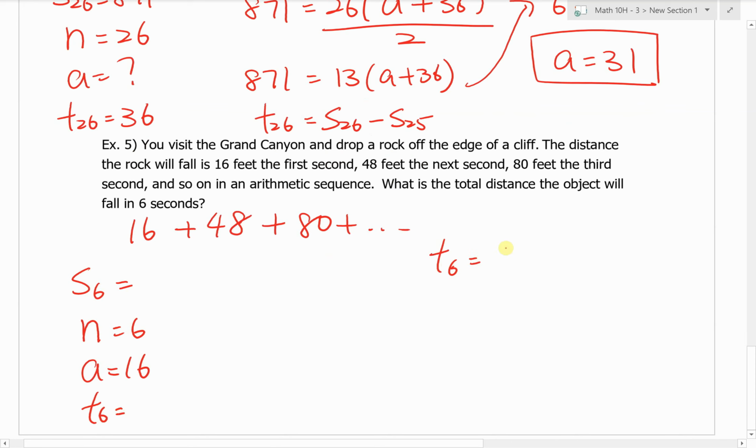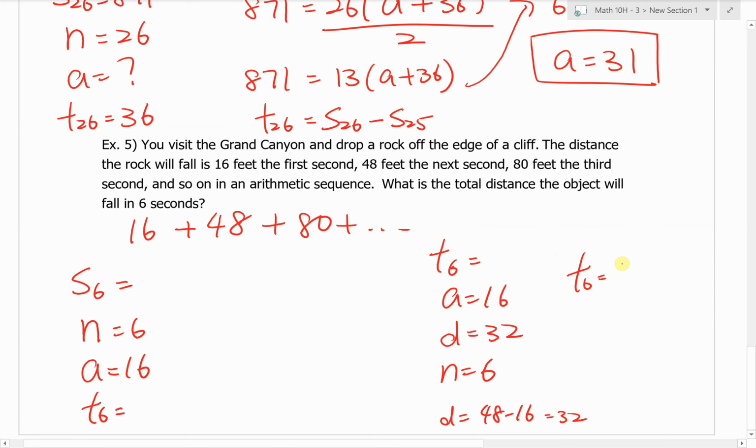as T6. We do know a is 16. We do know the common difference is 32. Again, this came from 48 minus 16. And we know that n is 6. So d is equal to 48 minus 16, 32. Now we can find T6.